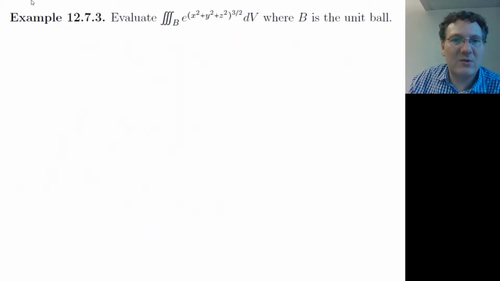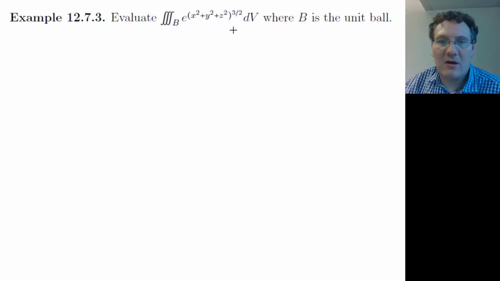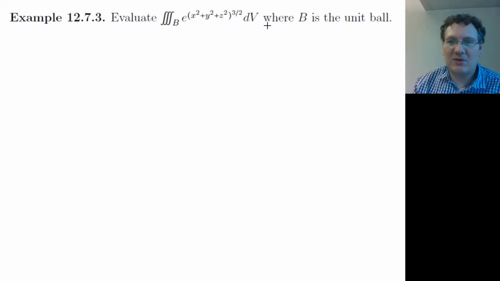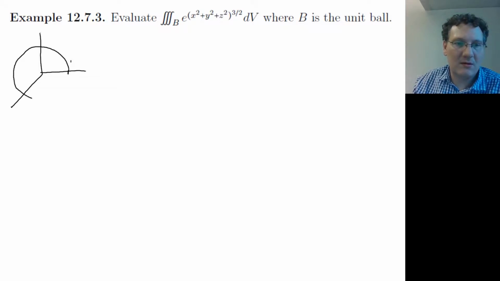Okay, so let's integrate the function e to the (x squared plus y squared plus z squared) to the 3/2 power dV, where the region of integration is a unit ball. This unit ball has a radius of 1.